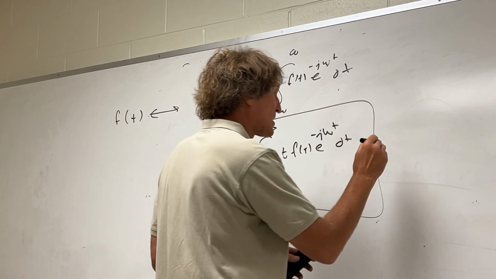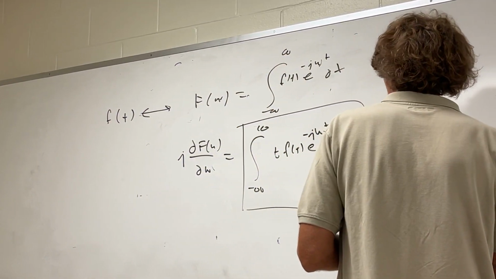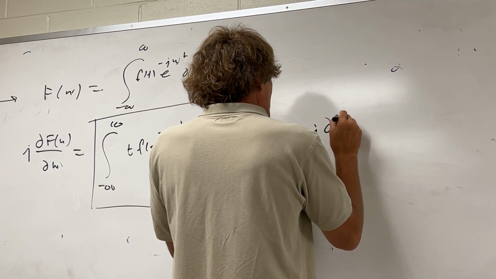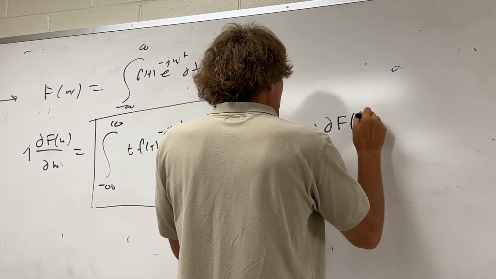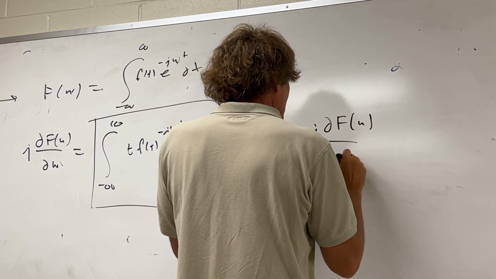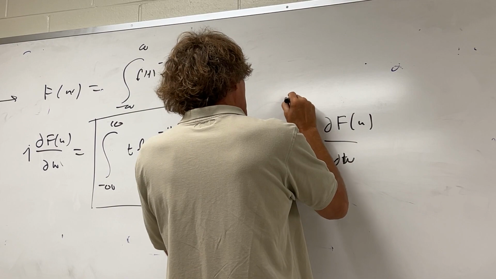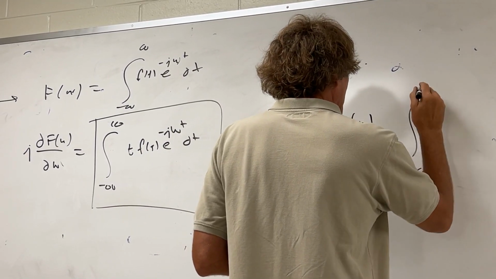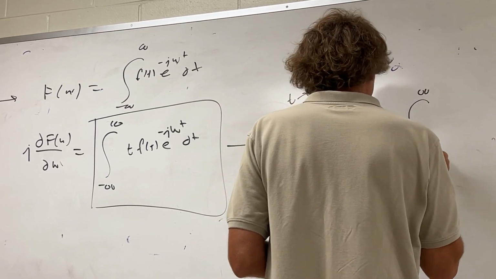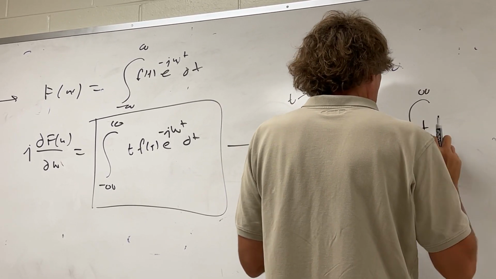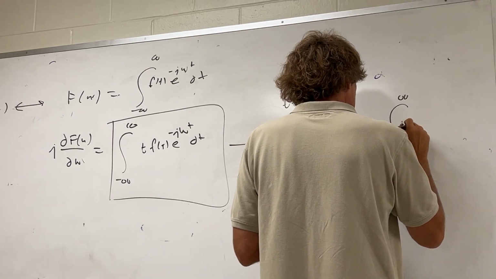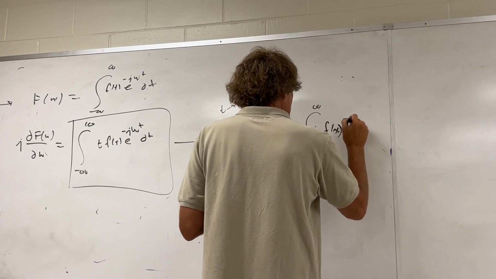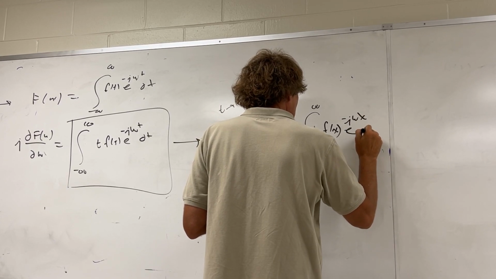So if you take a look at this and you replace t by x, I'd say j times the derivative of f of omega with respect to omega, but now I'm replacing t with x. And now I have the integral from minus infinity to infinity of x f of x times e to the minus j omega x dx.